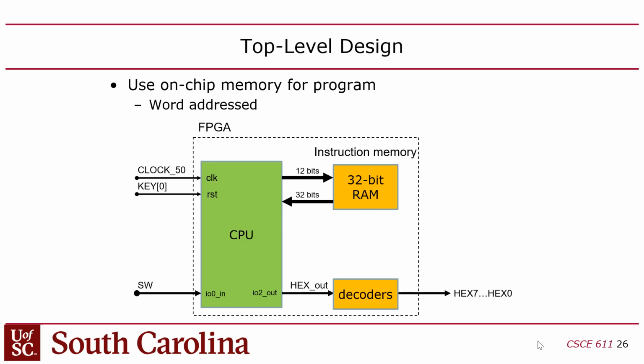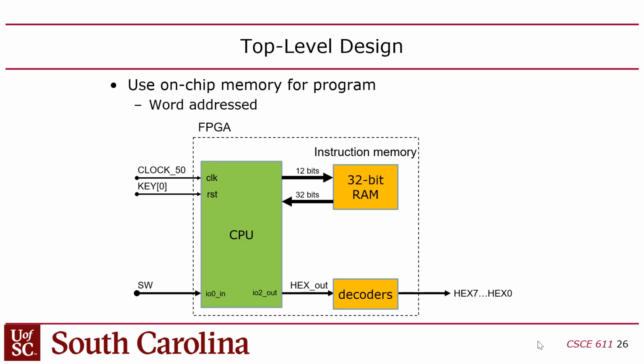Okay, so the way we'll organize this, just to give a little context. You have the top.sv, right? So top is the FPGA, and inside top, you have your 7-segment decoders. You already put those in there for lab 2, so we want to reuse that code.